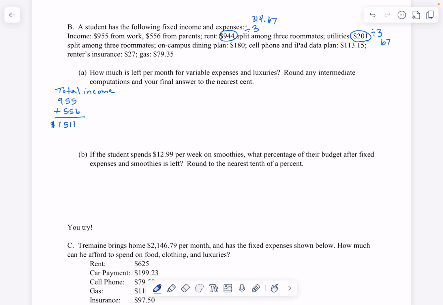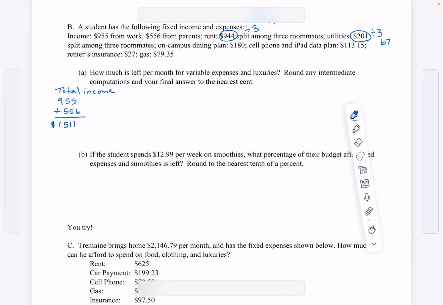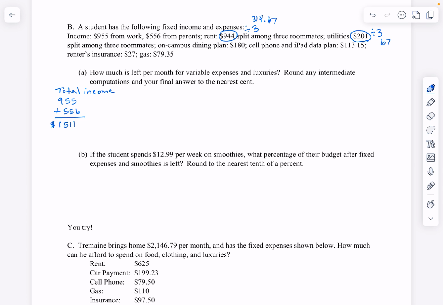So now remember what you're going to do. You're going to take that 1511 and subtract all of these expenses. So you're going to subtract 314.67, subtract 67, subtract 180, subtract $113.15, subtract 27, and subtract 79.35.